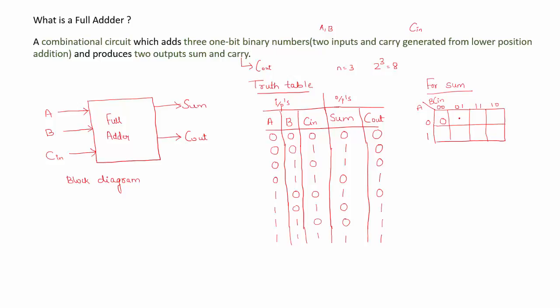So this is 0, 1, 1, 0, 1, 0, 0, 1. See, I cannot form an octet or a quad or a pair. I have to group them as singles.